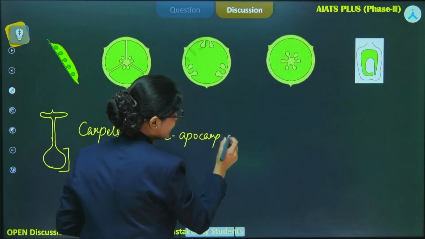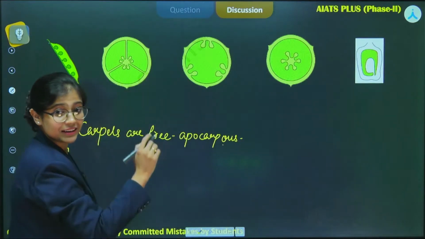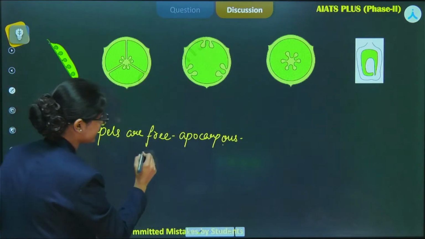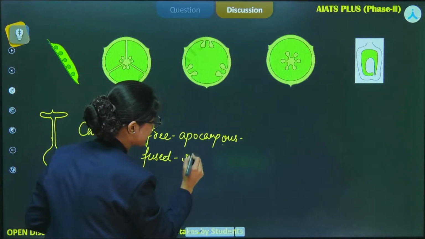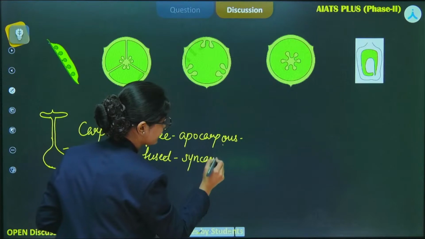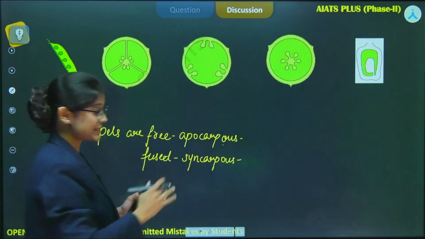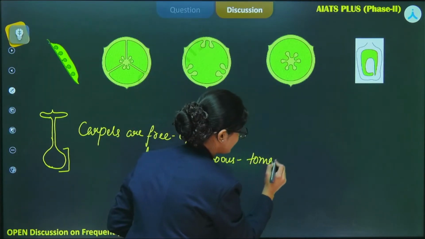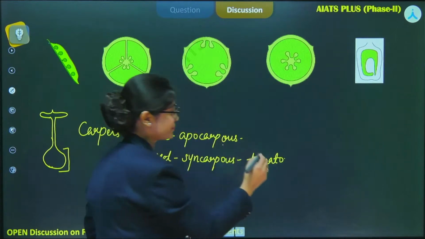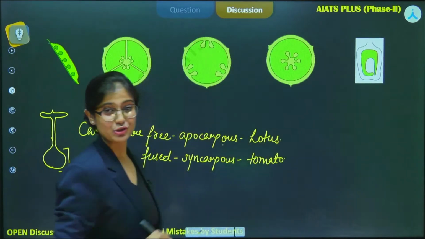Tell me an example of apocarpous, class. When carpels are fused, then it is known as syncarpous. For syncarpous, the example is tomato. For apocarpous, lotus. The other examples you will tell me.